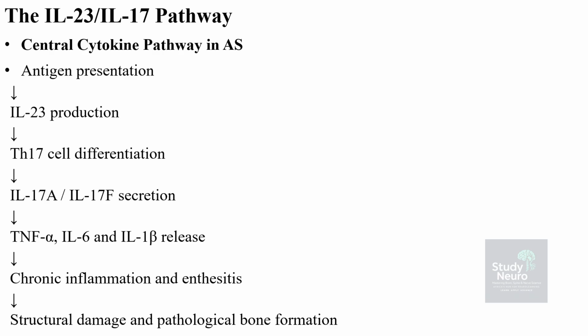These cells then produce interleukin-17A and interleukin-17F, which stimulate other inflammatory signals, including tumor necrosis factor alpha, interleukin-6, and interleukin-1 beta. This creates sustained inflammation, particularly around the entheses.